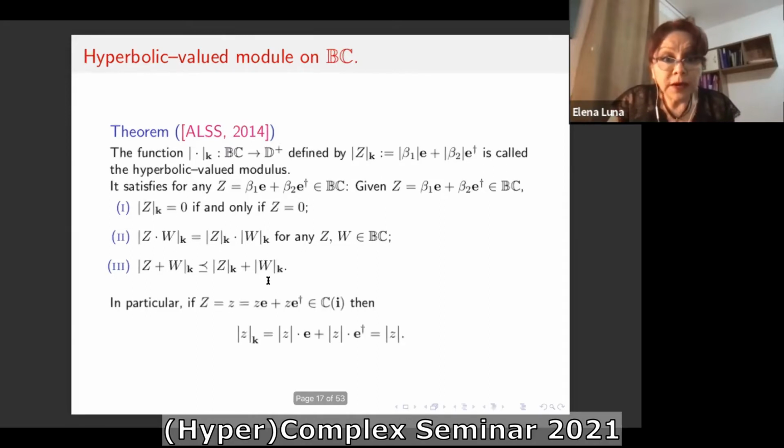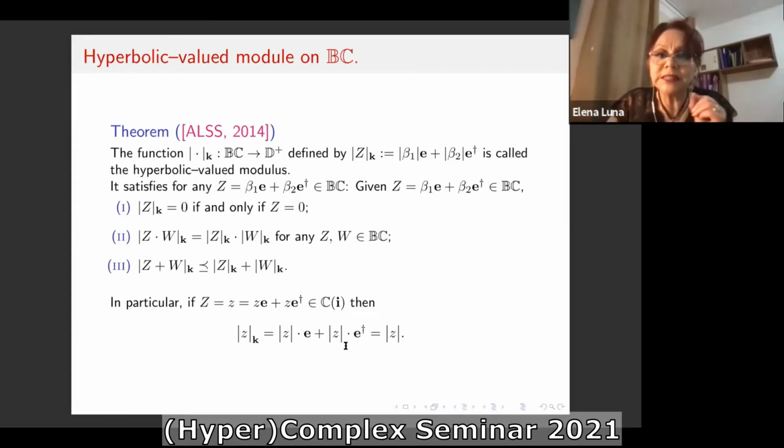A very good property it has is that in the case that our bicomplex number is a complex number, this hyperbolic valued modulus becomes a real number which coincides with the usual modulus of a complex number. So it extends the modulus of complex numbers.